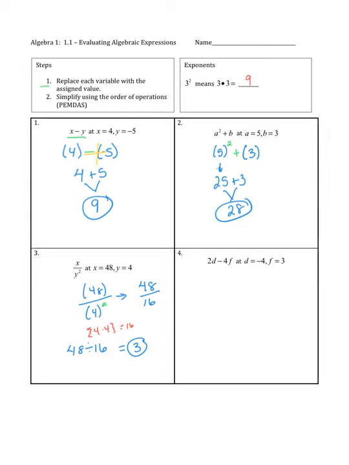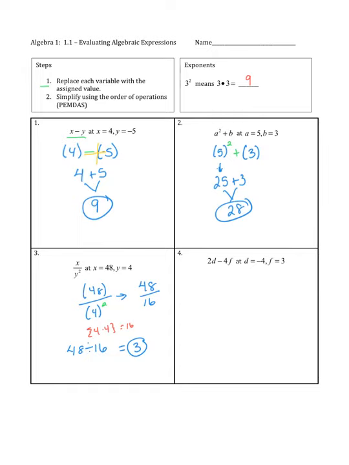I highly recommend you have paper with you and you write the steps. Please do not try to do everything in your head, because if you do it in your head and you get it wrong, you've got no idea what went wrong where. Please write it down. It will save you a lot of frustration.